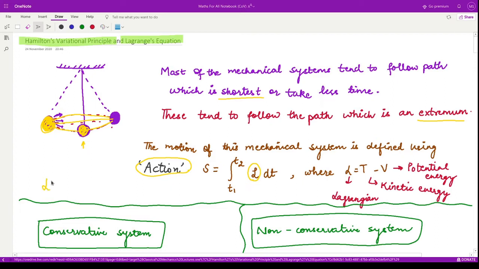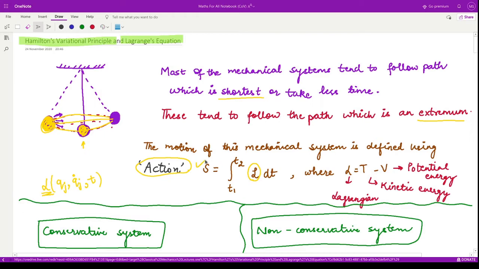So this L is a function of qj's, the generalized coordinates, qj dots, the generalized velocities, and the independent variable time. And this L, the Lagrangian, is calculated by taking the difference of kinetic energy and potential energy.